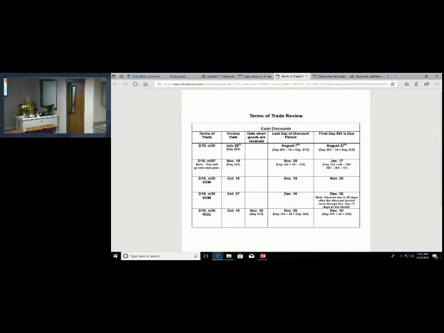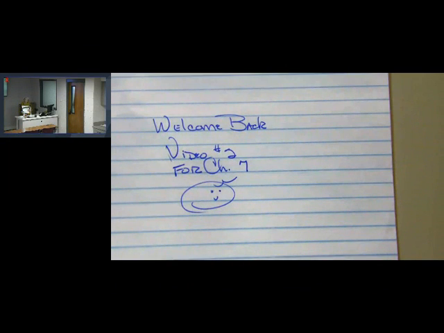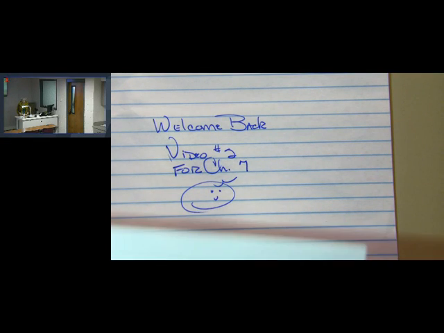When we talked about trade discounts in the last video, we said they were to encourage loyalty among your customers, continued purchase of your products. Cash discounts really affect cash flow, and that's why they're called cash discounts.